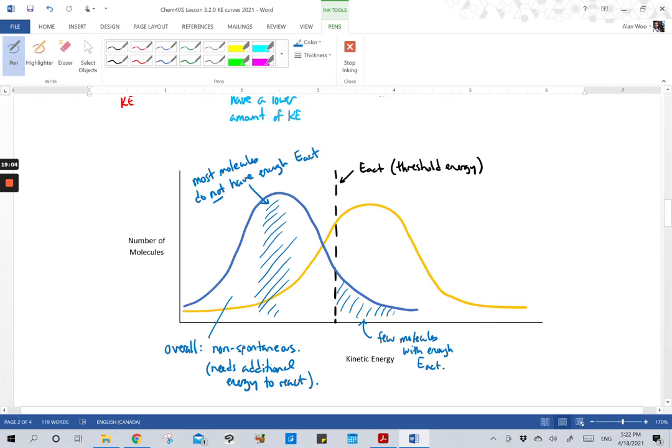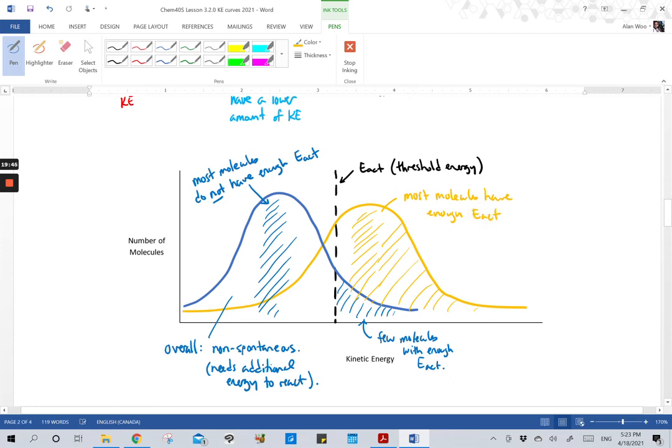So the second curve here, you'll notice that most of the reactant molecules actually have more than activation energy. Okay, so everything that we actually see here on the right side of that threshold means most molecules have enough activation energy.